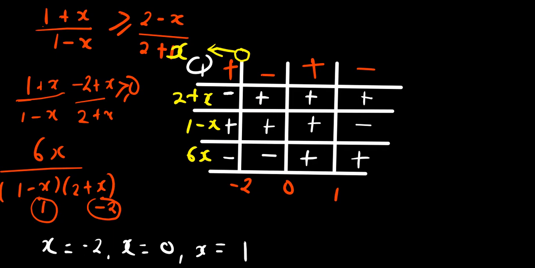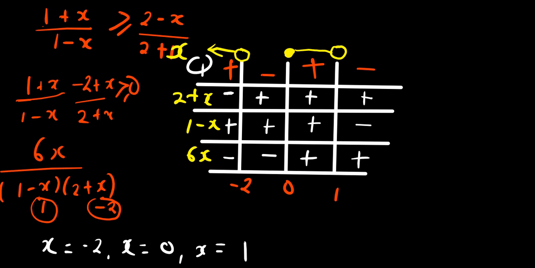Then the other part is, okay, we want 0, we want 0, but we just don't want 1, because we said 1 will also make the fraction undefined.